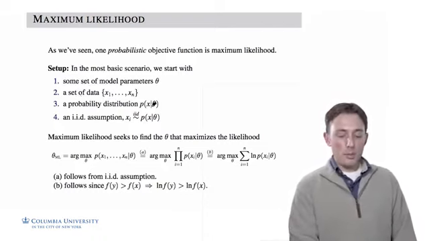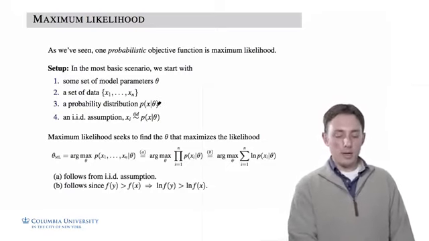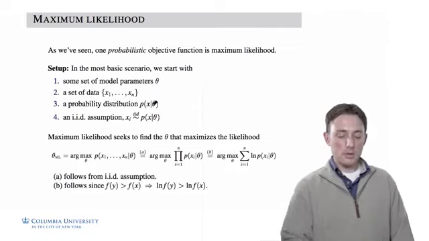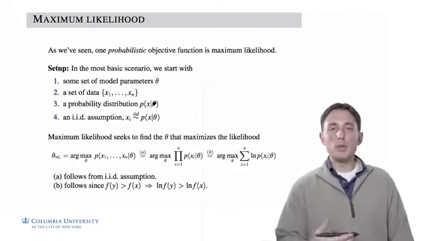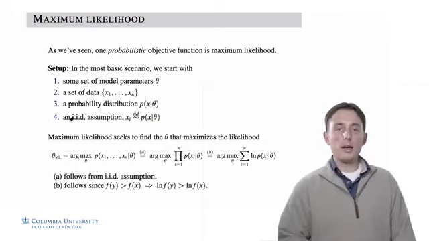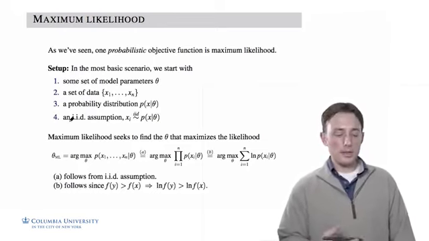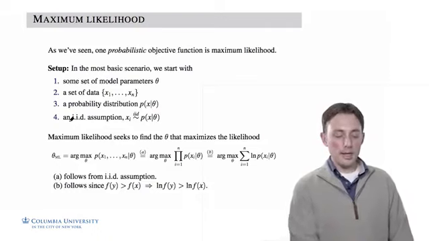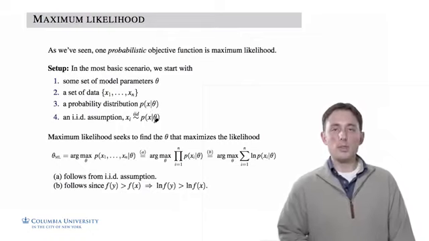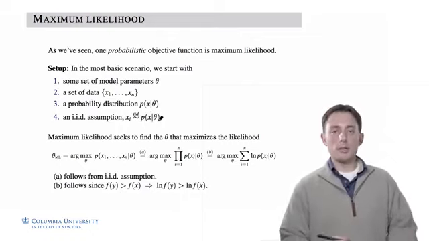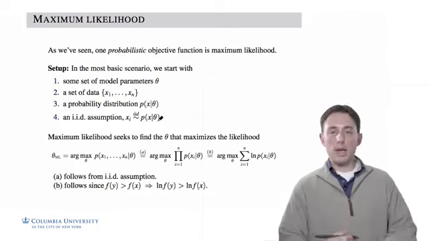We have a probability distribution that we define on the data, the probability of the data x given the model parameters theta. And we're also going to make an assumption in this lecture of independent and identically distributed data, IID. So what this means is that each observation is generated IID from this distribution. Conditioned on theta, all the data are independent and they have the same distribution.